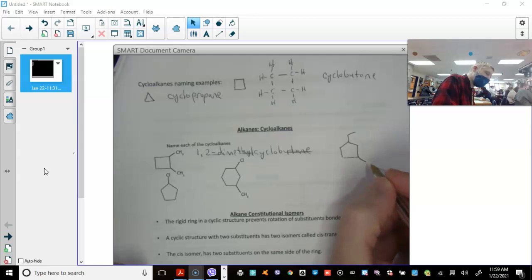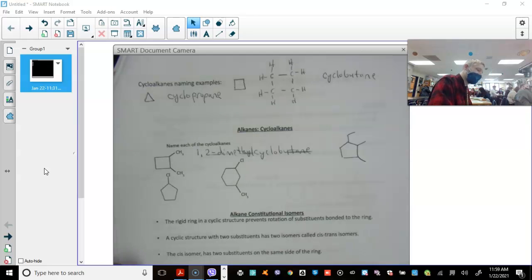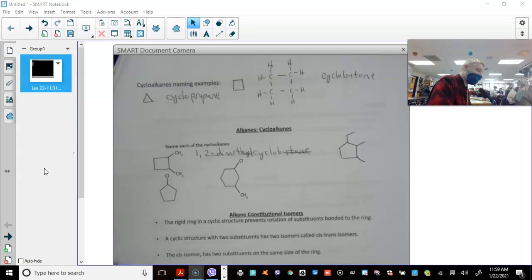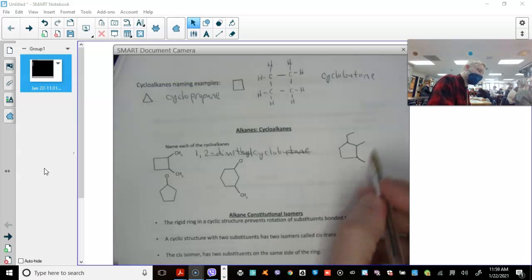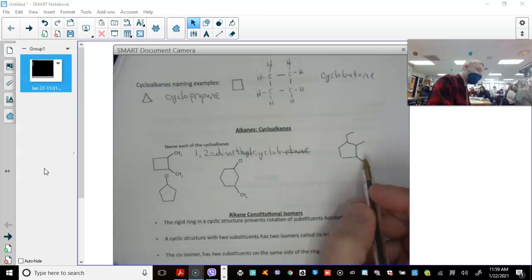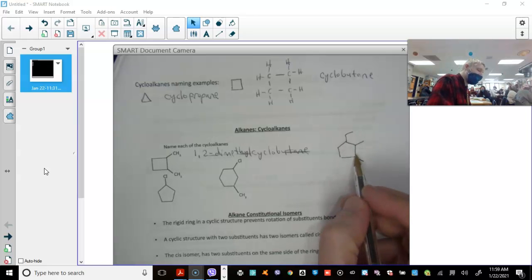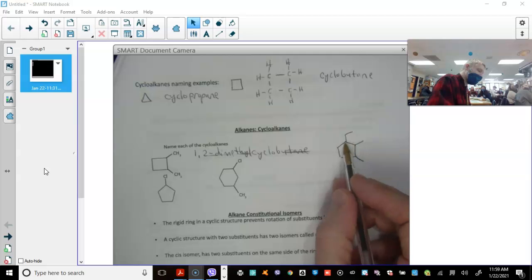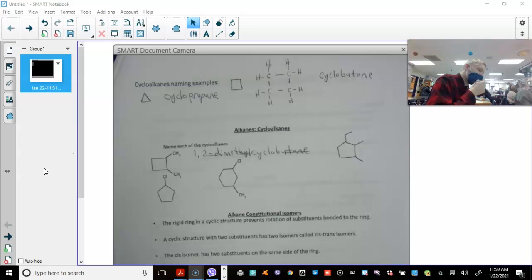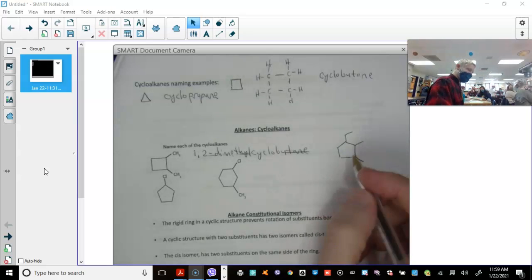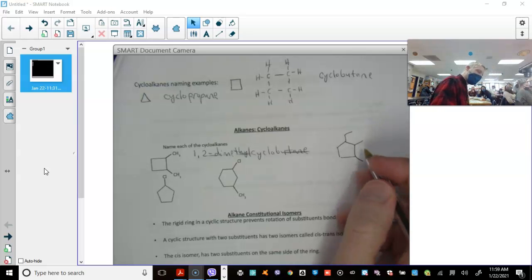Let's do something tricky. There we go, so all sorts of stuff is happening here. We've got 2 methyls and 1 ethyl. Ethyl comes first alphabetically, but how do we number it? Would we number it 1, 2, 3 or 1, 2, 3?